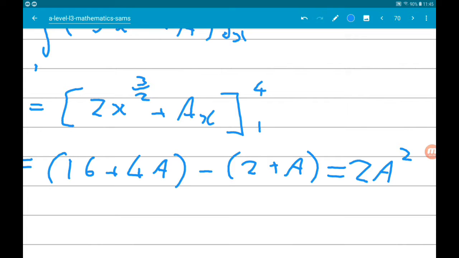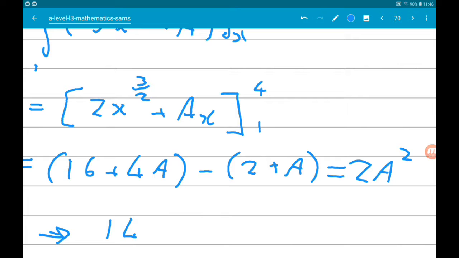Sorry, that a there should have been positive. So we have 16 minus 2, which is 14.